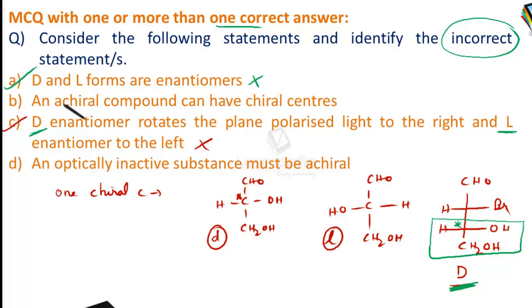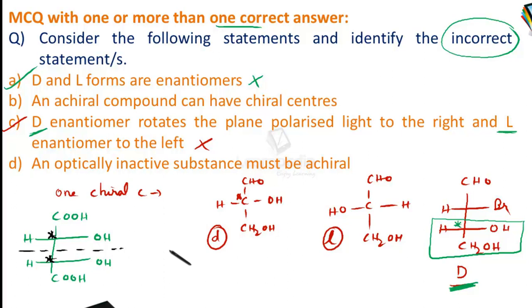Then come to option B. A chiral compound can have chiral centers. For example, let me take the case of a meso compound, that is meso-tartaric acid, and its structure is like this. So now here this meso-tartaric acid has two chiral centers, but because of the presence of a plane of symmetry, what is the meaning of plane of symmetry?